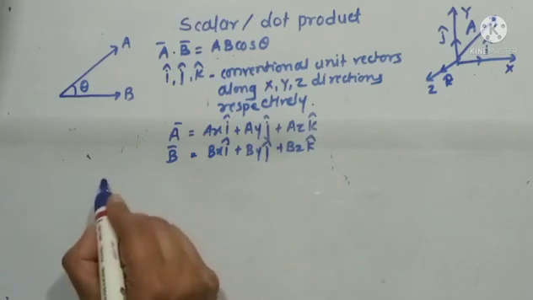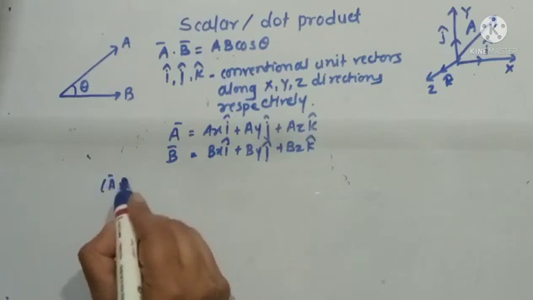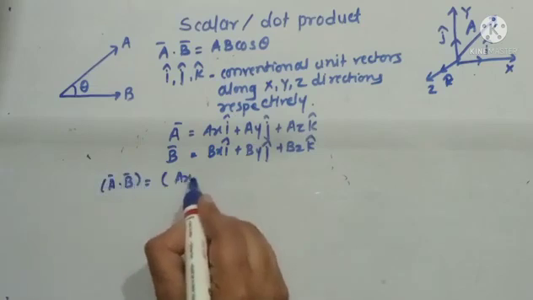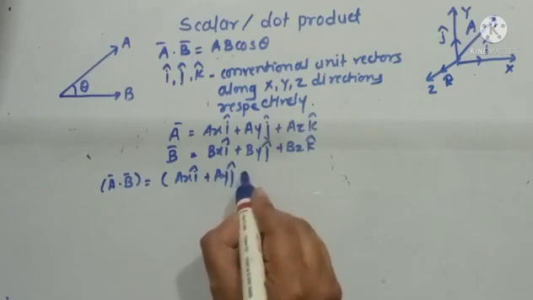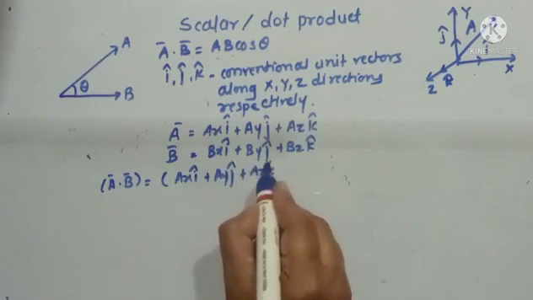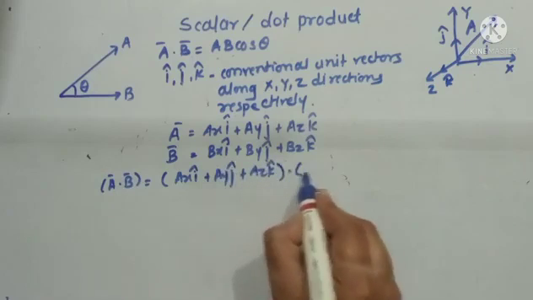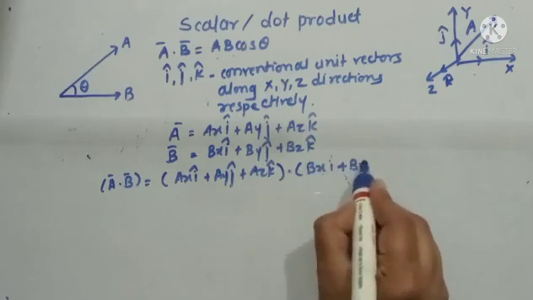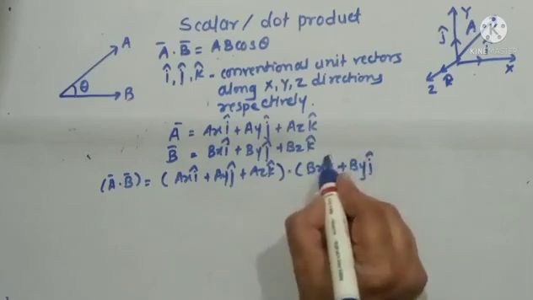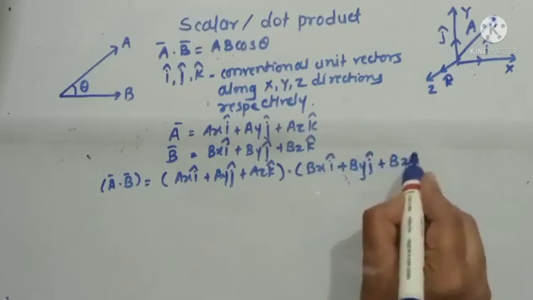then if I take the scalar product, I can write (AxI plus AyJ plus AzK) dot (BxI plus ByJ plus BzK).